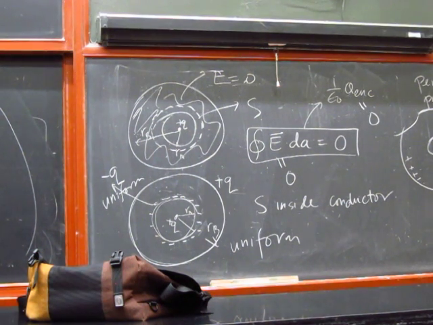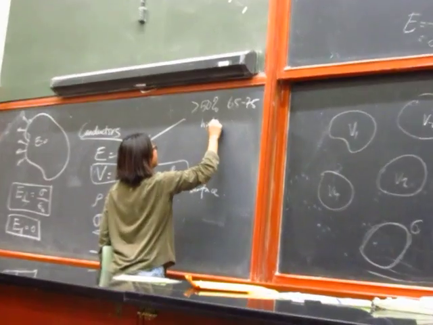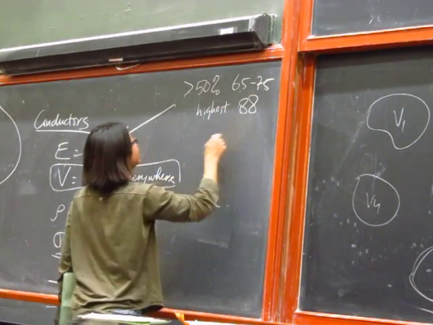I have 3 more examples like that. But this is your midterm. If some of you came late, it doesn't mean anything. More than 50% of the people have scored between 65 and 75. Highest score, 88.